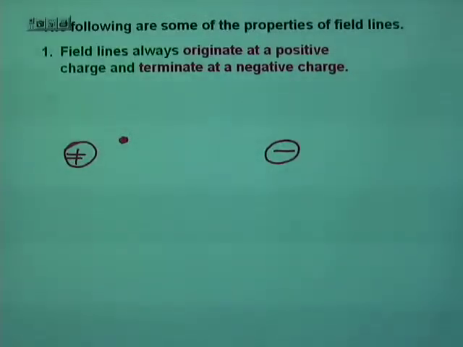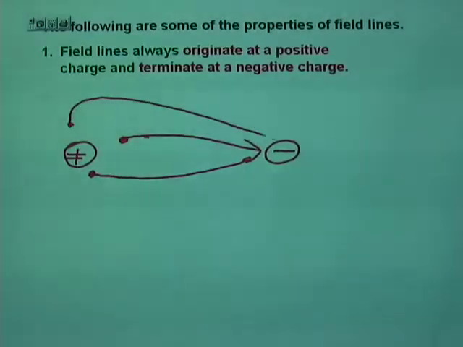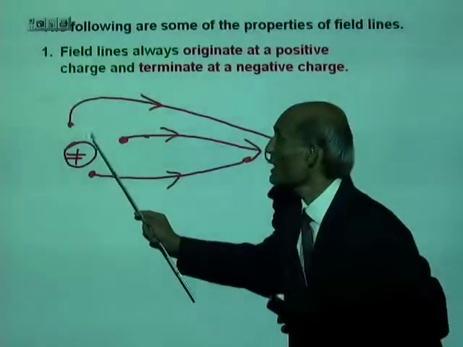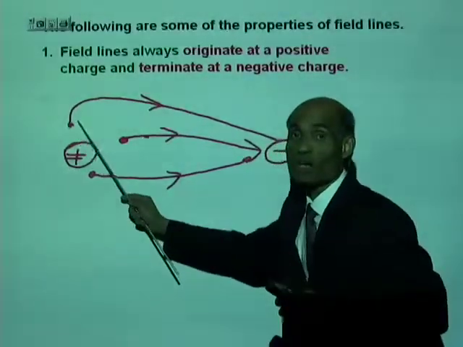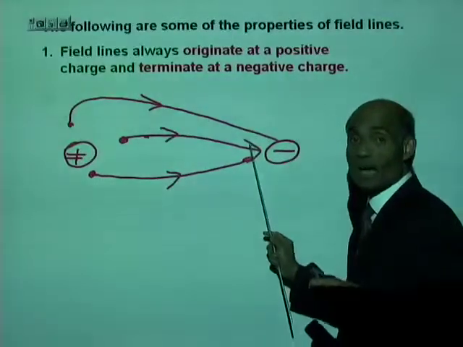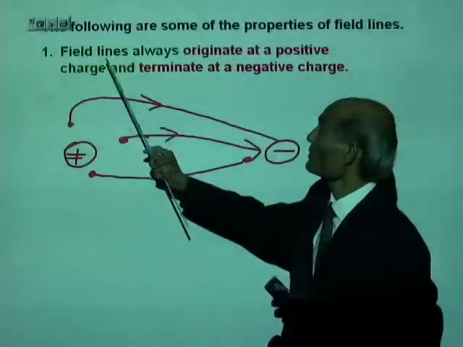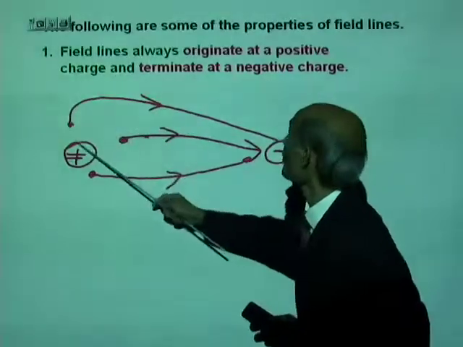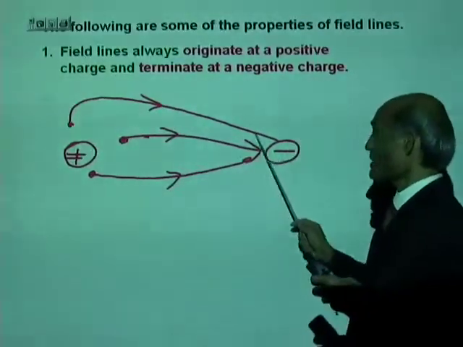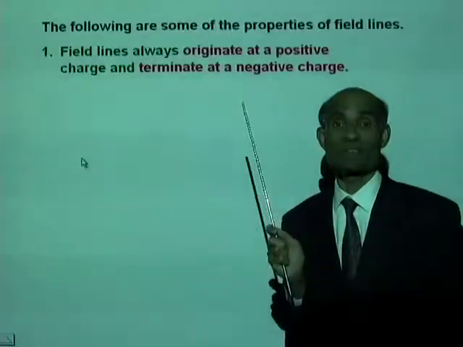You can see that will move away from the positive and towards the negative. If you place it there, it will go that way. If you place it there, it will go that way. In other words, these are what I called the lines of force, the field lines. So a unit test charge placed near this positive charge will move away from it and move towards a negative charge. Field lines always originate at a positive and terminate at a negative charge.